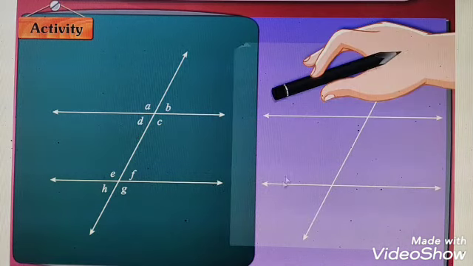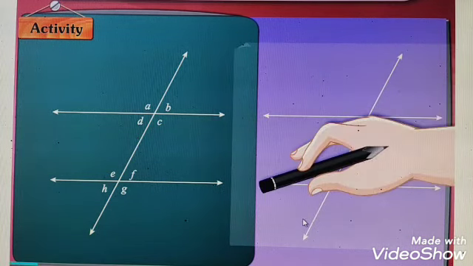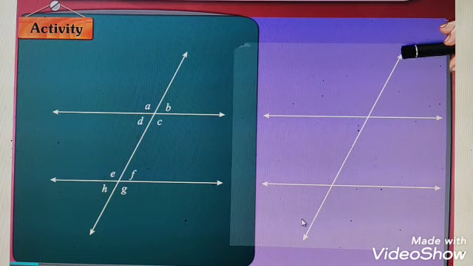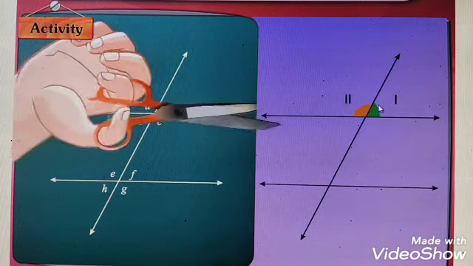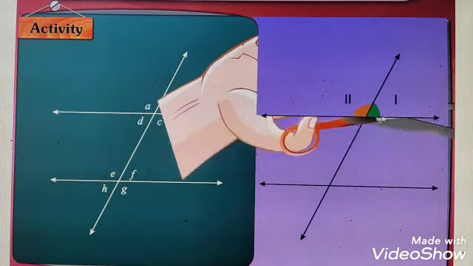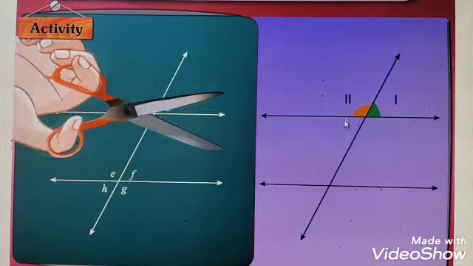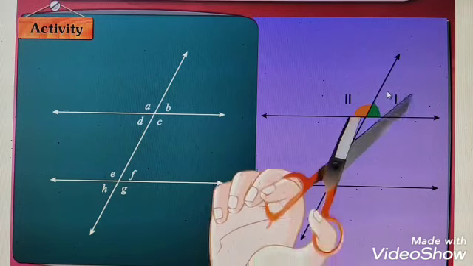This is what we got on the trace paper. Now color this part and this part orange and name them first part and second part. Now cut both the parts into two different angles.